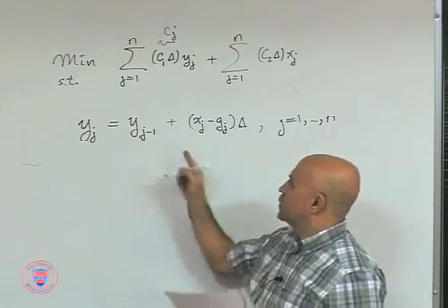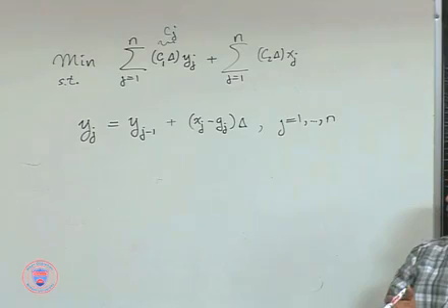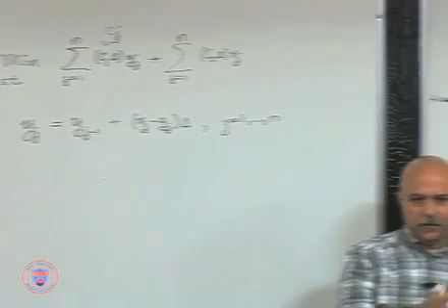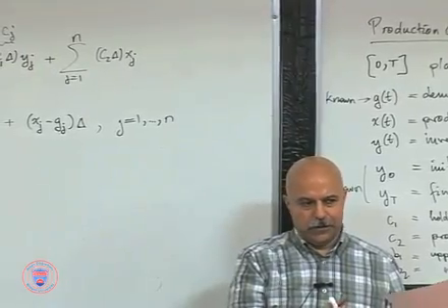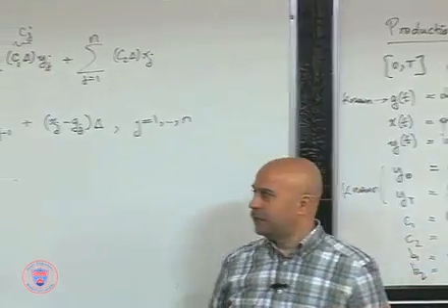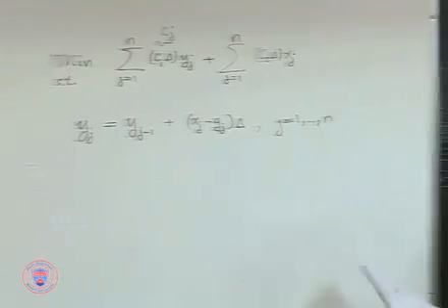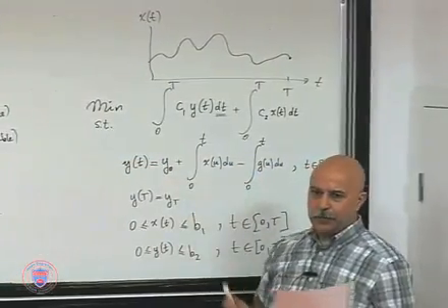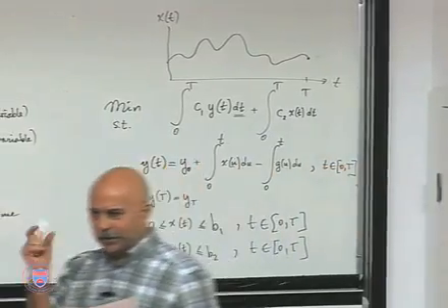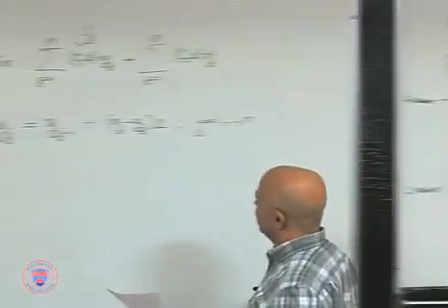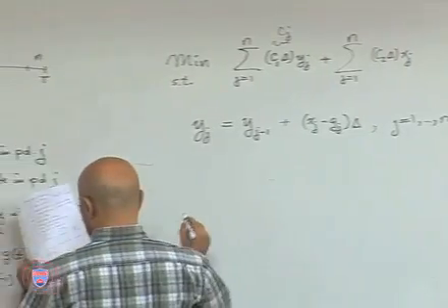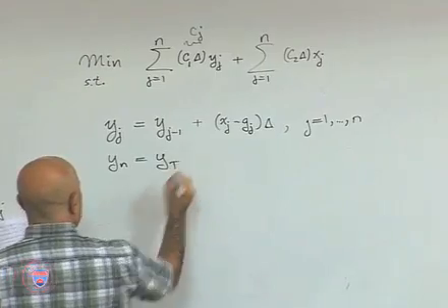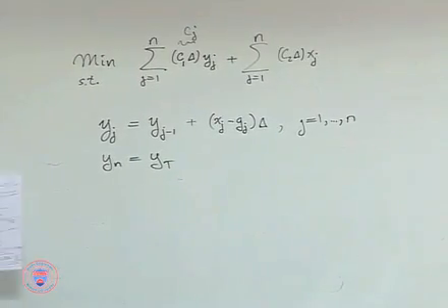So this constraint tells you how to connect the jth period inventory level to the previous inventory level, rather than connecting the initial inventory to the time point t. We made a switch of viewpoint here.